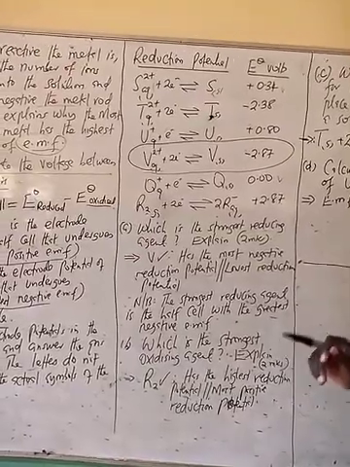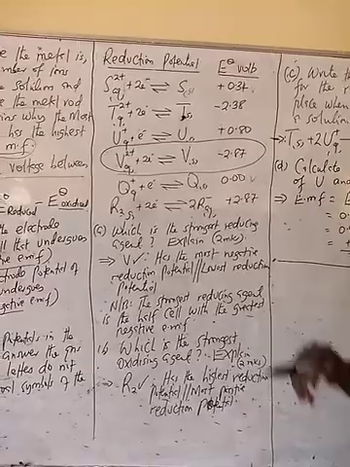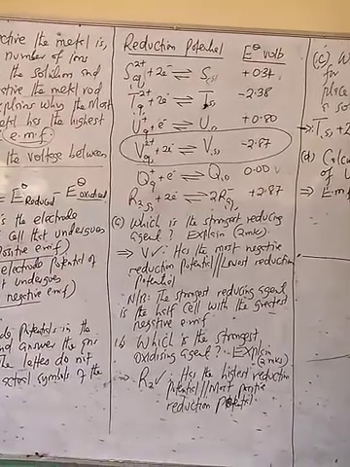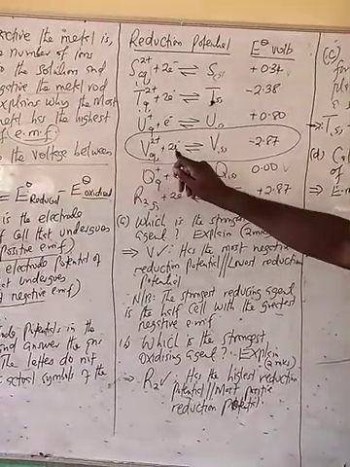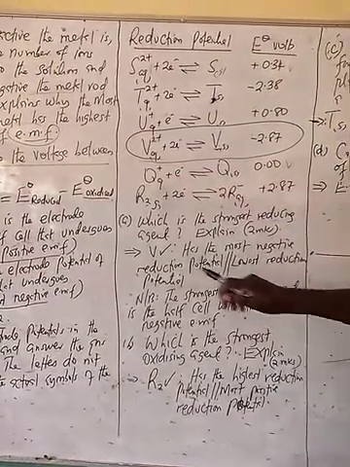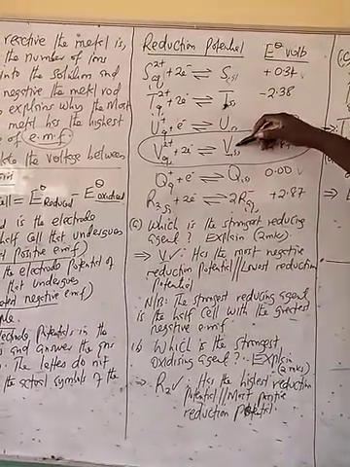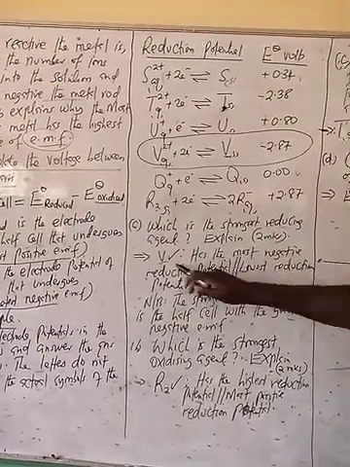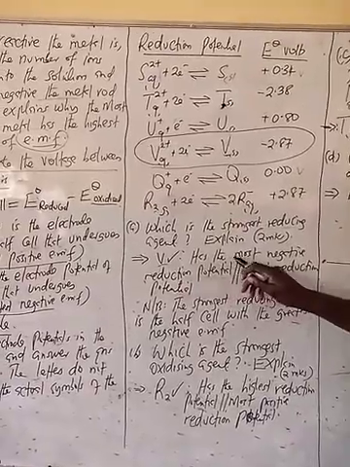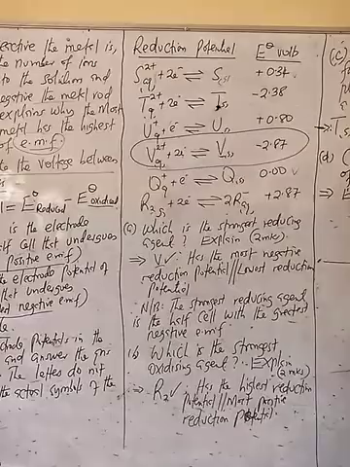A reducing agent is the one which is oxidized. And oxidation is the loss of electron. So V ion receiving electron means that the opposite, V will lose electron. So the strongest reducing agent is V, because V is the one which is losing electron.